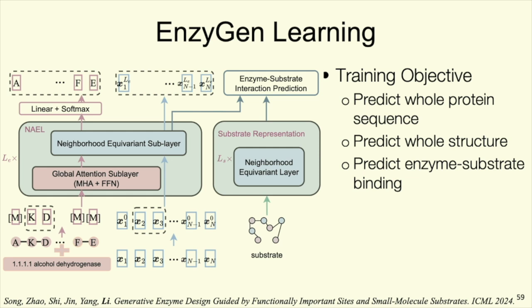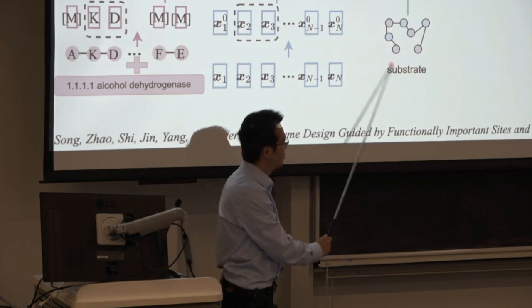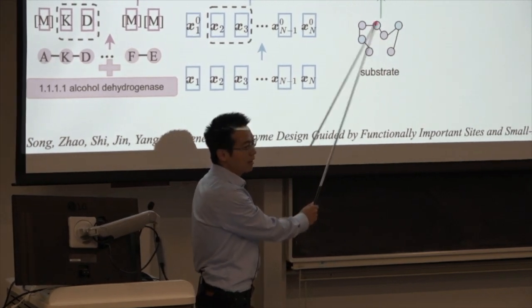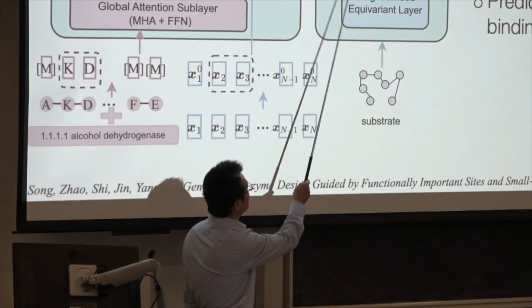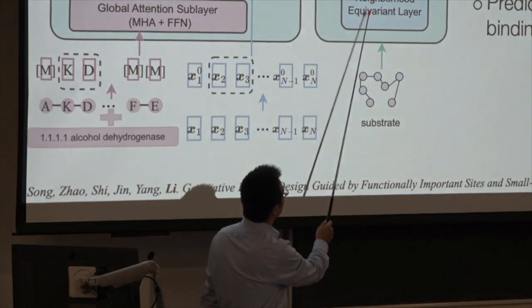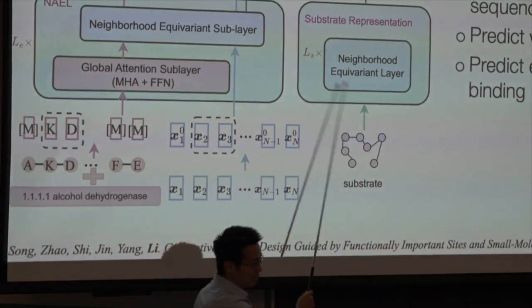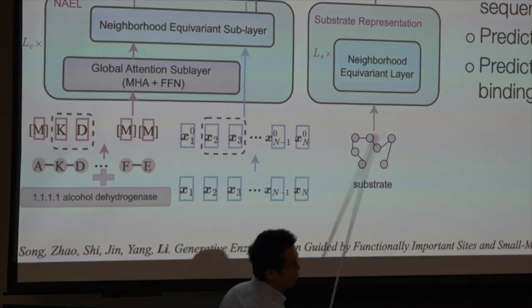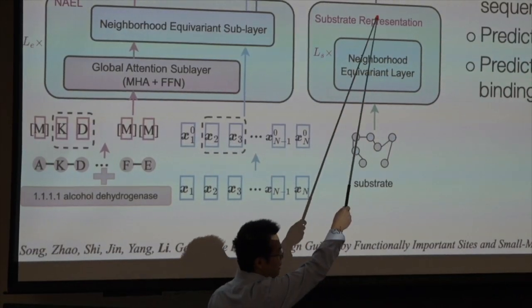In the learning, we combine one additional piece here. Now we mentioned this enzyme should be substrate specific. So we have a substrate molecule here. Again, it's a graph. We use the same network, the neighborhood equivariant layer, to represent this molecule, and we get the representation of this one.